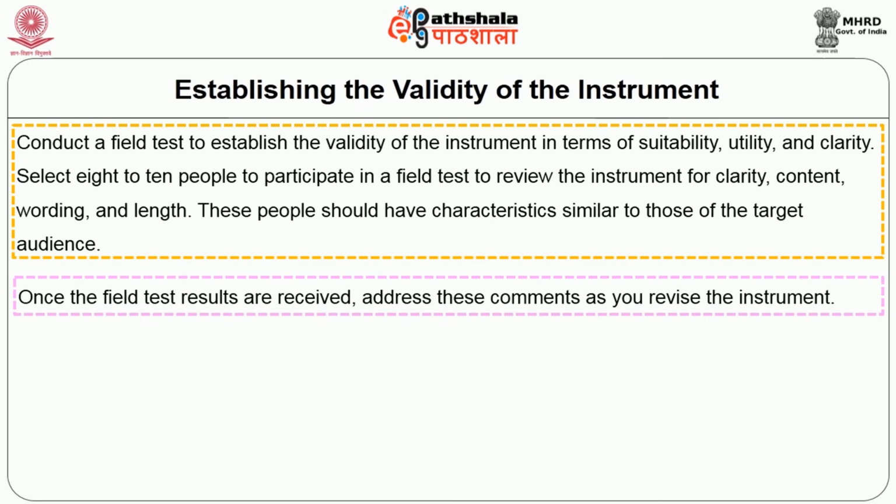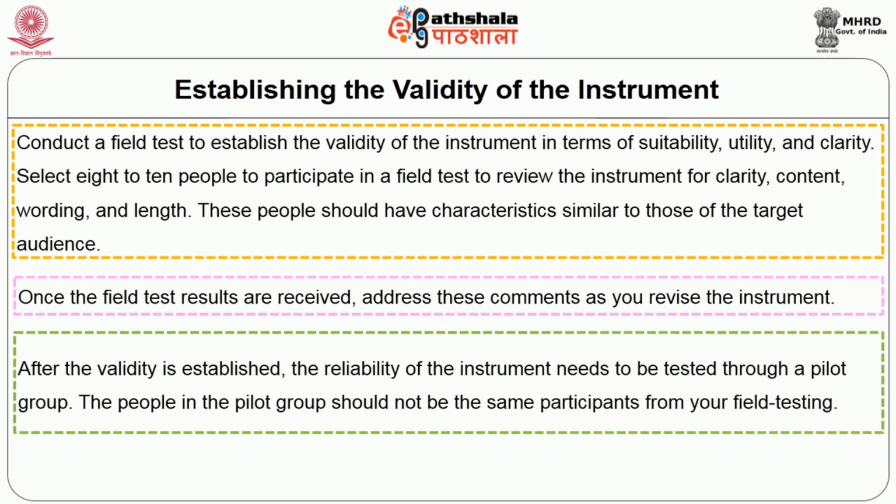Once the field test results are received, address these comments as you revise the instrument. After the validity is established, the reliability of the instrument needs to be tested through a pilot group. The people in the pilot group should not be the same participants from your field testing.